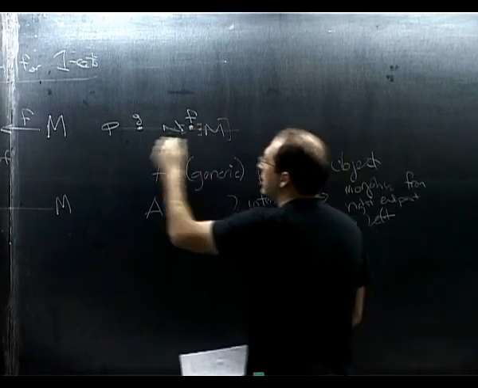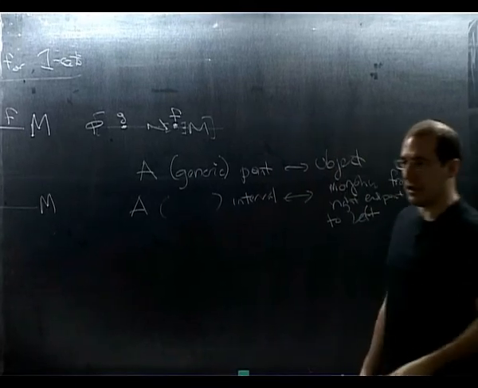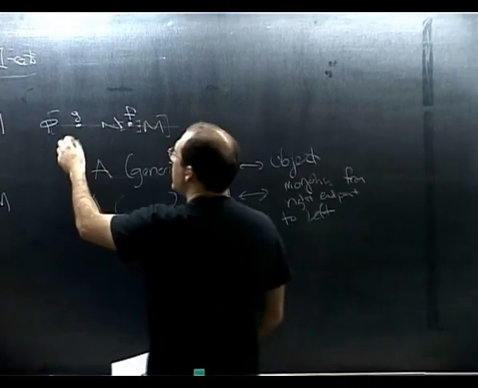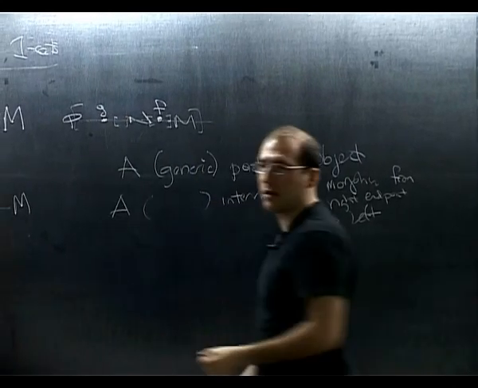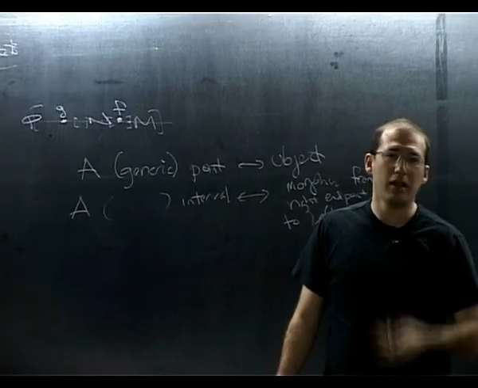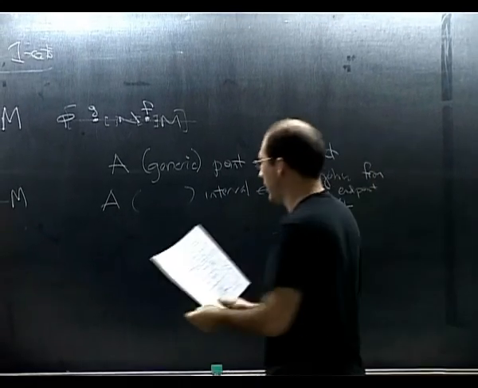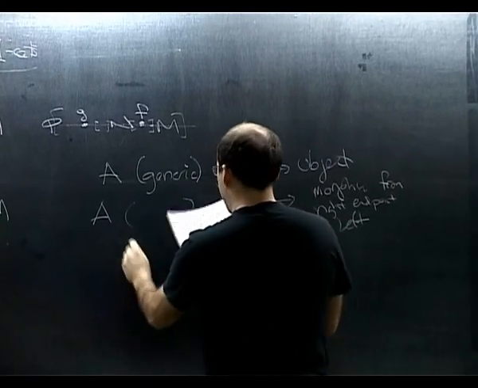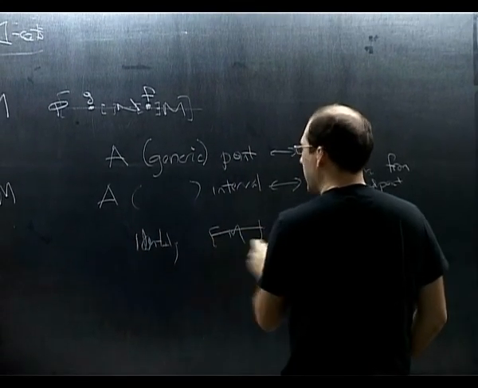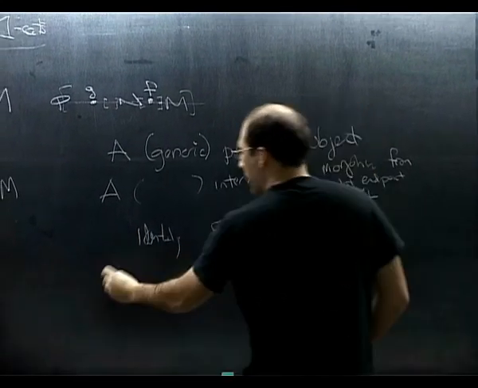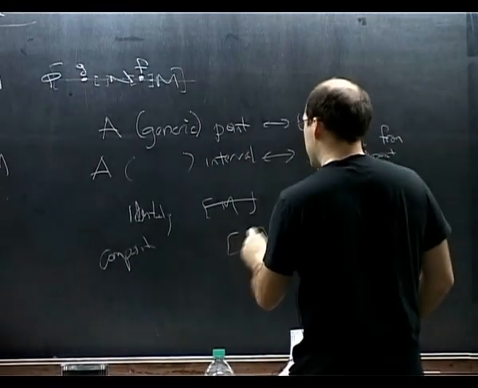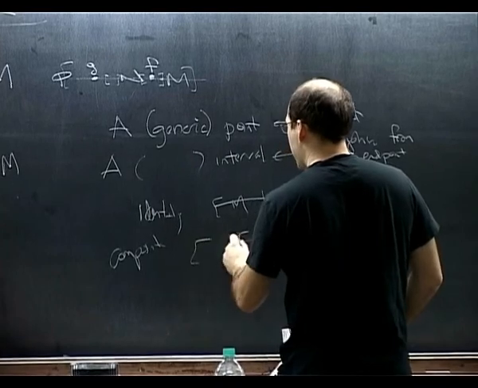This interval here is the composition of F with G. And this interval here is a map from N to N. What is it? It's the identity map. Nothing's happening in there. So the identity of an object is just this boring interval when nothing happens. And composition of two morphisms is horizontal concatenation.